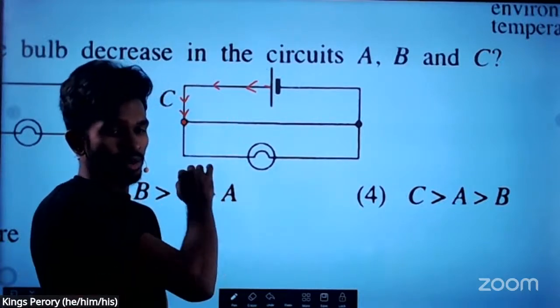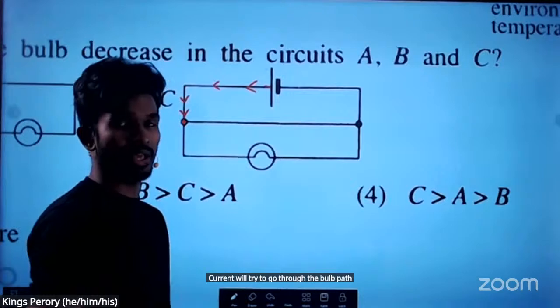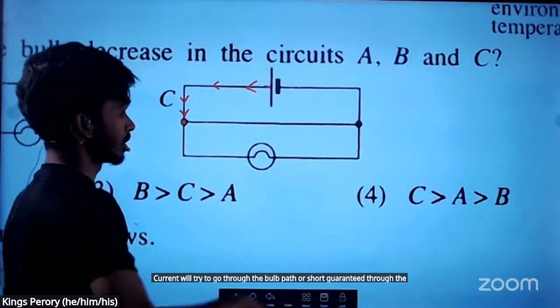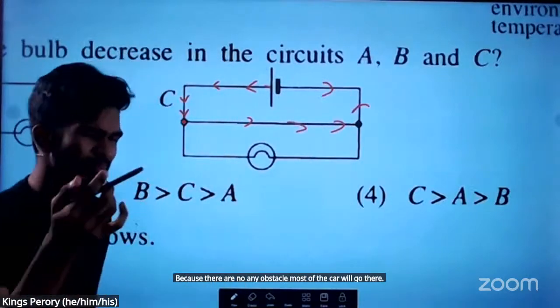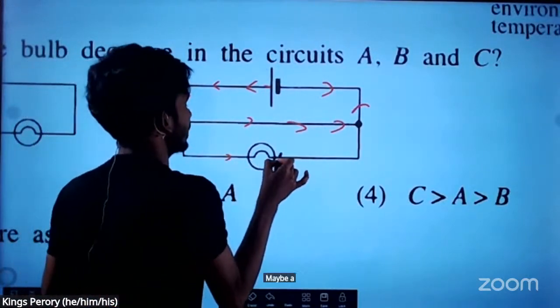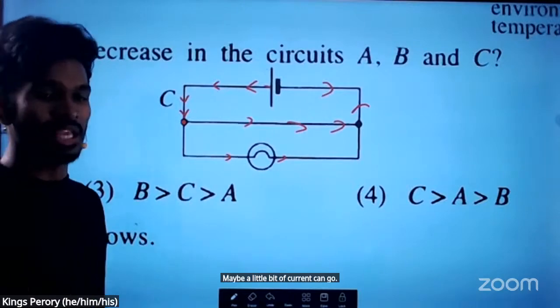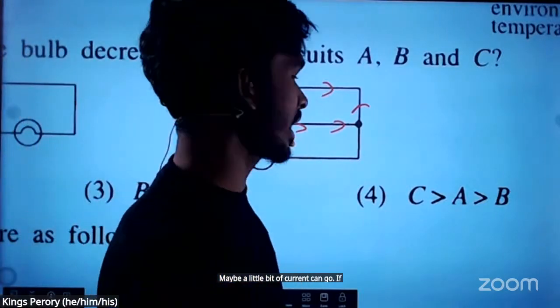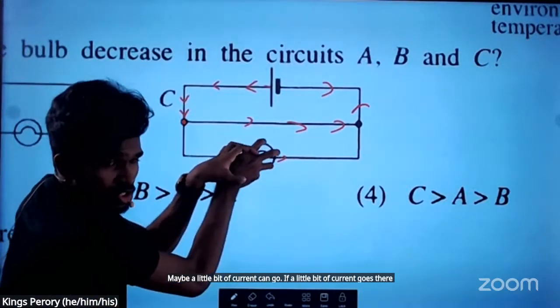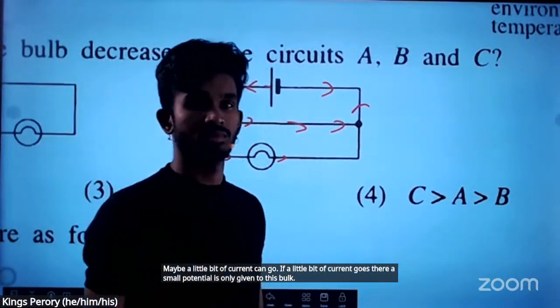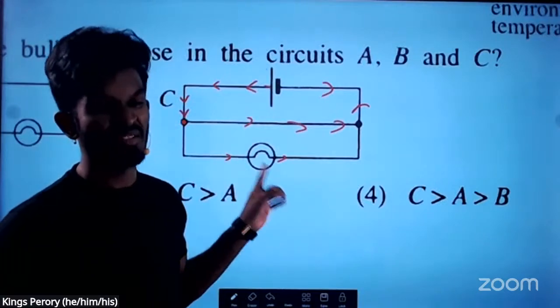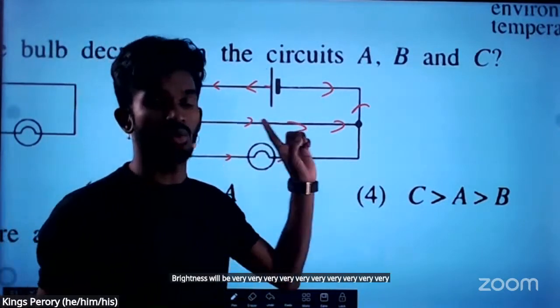Guaranteed through the short circuited path, because there is no obstacle. Most of the current will go there. Maybe a little bit of current can go through the bulb, so only a small potential is given to this bulb. Brightness will be very, very low.